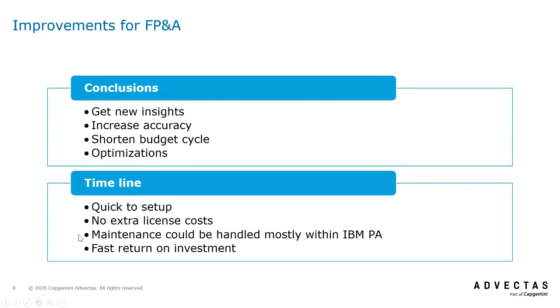Otherwise, we always push to get as much maintenance or changes done within the environment you are already used to. So overall, I think it can bring you a very fast return on investment with relatively small investment numbers.